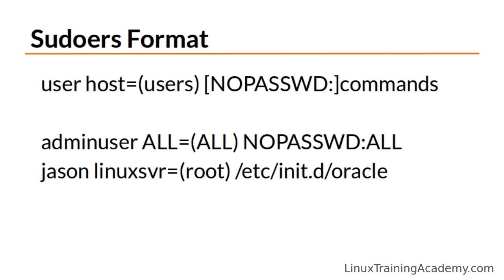There are many options to the sudoers file, but the most simple format and one that you'll see quite often is a line that gives a specific user a set of commands that he or she can run. The specification starts with the user that is getting the sudo privilege, followed by the host on which that user can execute those privileges on.